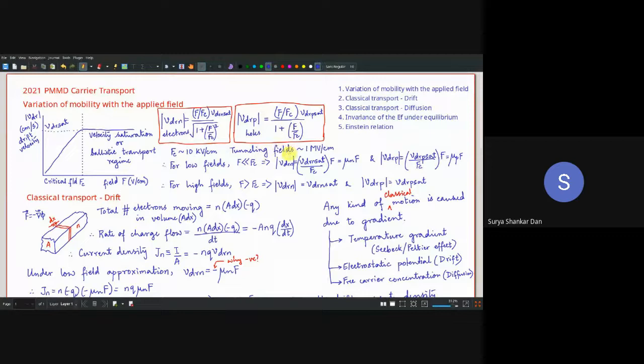Because once it starts tunneling, unless you make specific changes in the device structure, again device engineering, it will not work. For example, tunnel FETs. The one we have designed in our research group is the GOT-FET, gate overlap tunnel FET. These devices are engineered in such a way that they leverage this high electric field for more tunneling without breaking the device.